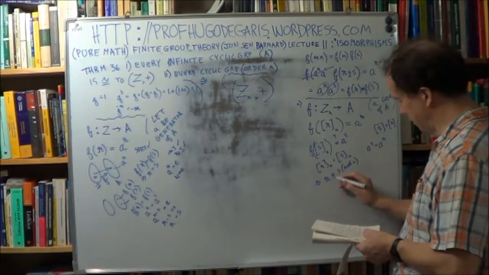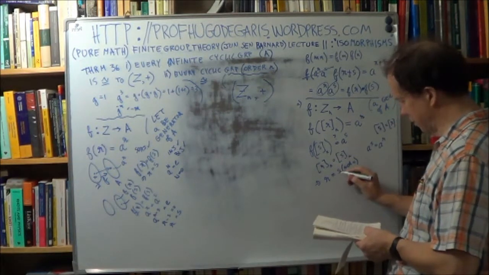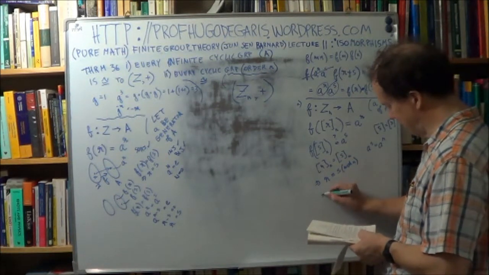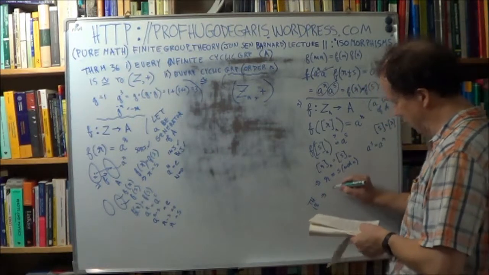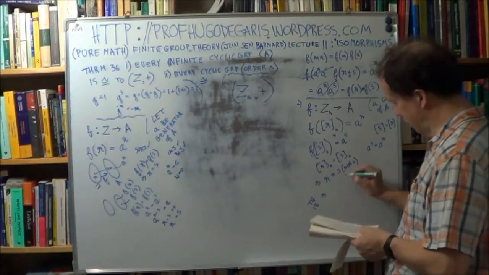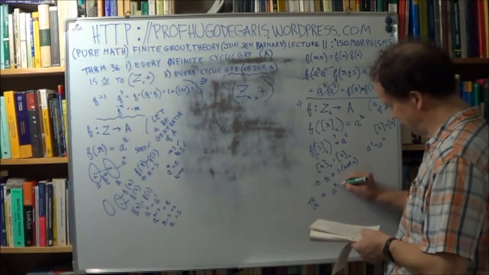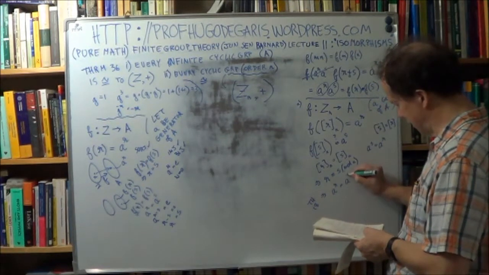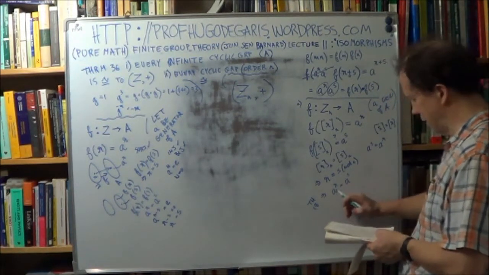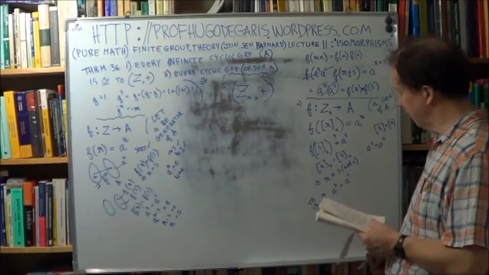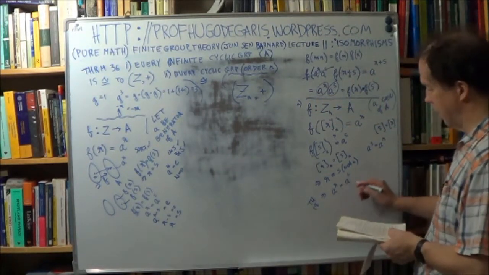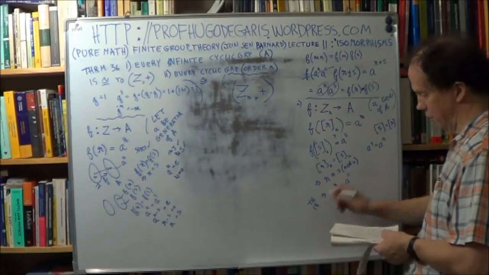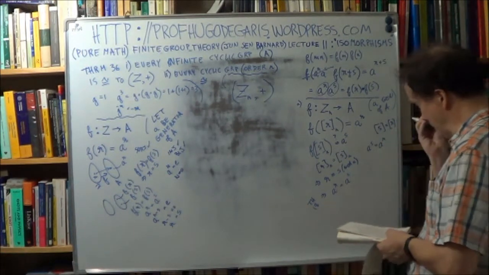If R is congruent to S mod n, then from theorem 18, part 2, you know that a to the r equals a to the s, where a is your generator, a finite generator. That result just came from theorem 18, part 2.